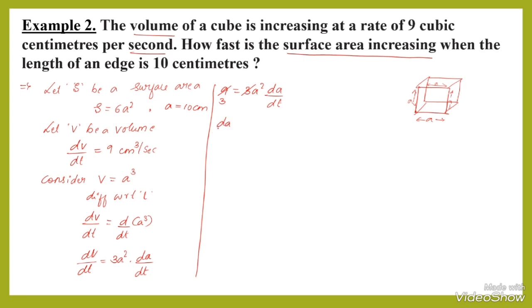What do you mean by dA by dt? dA by dt is equal to, I can take a square on the left side, it becomes 3 divided by a square. Now we have to find the surface area, change of surface area. So I can take, let surface area of cube be 6 a square.